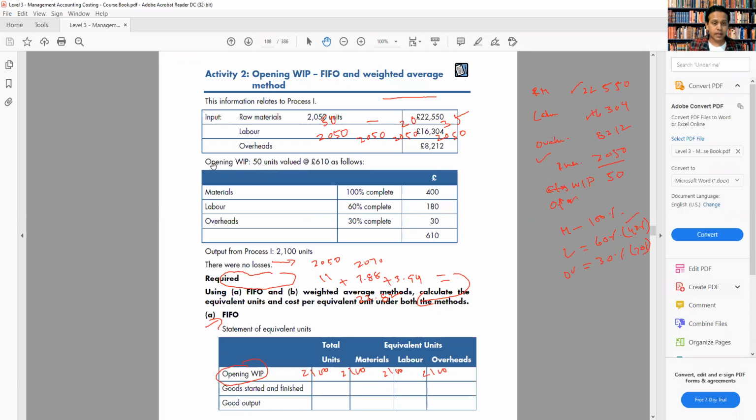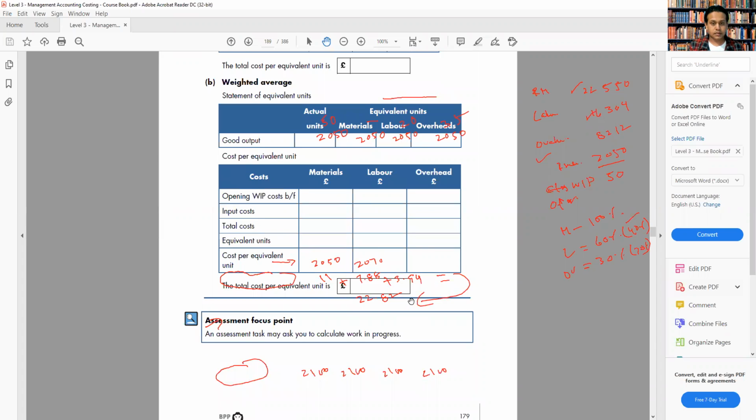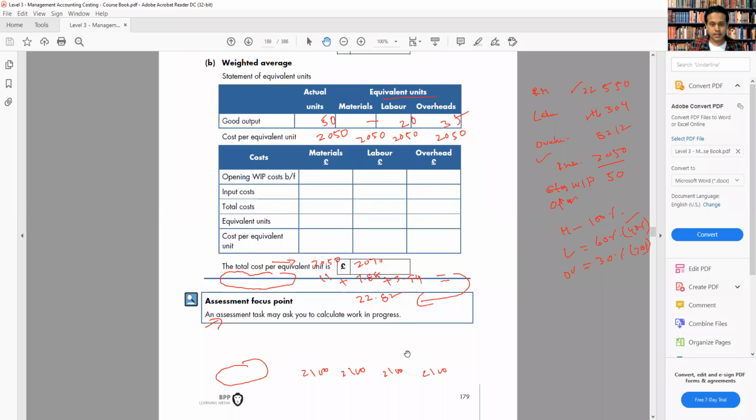This is the opening WIP cost. So let's write it down. The opening WIP cost: 400 for the material, for the labor 180, and for the overhead 30.